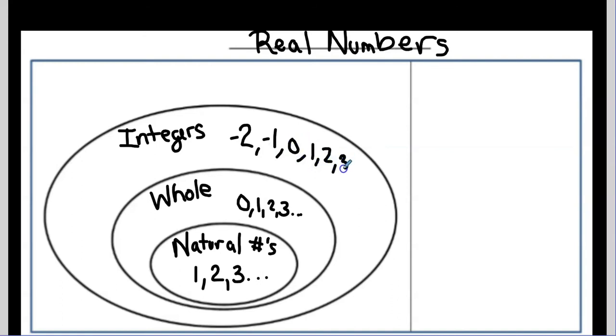So this is what we would call the integers. And of course they go on and on in either direction, right? We could go to -5,000 if we wanted to. As long as it's a whole number that is either negative or positive, we call those integers. And then the next category, which will include this rectangle surrounding all of these ovals, is called the rational numbers.